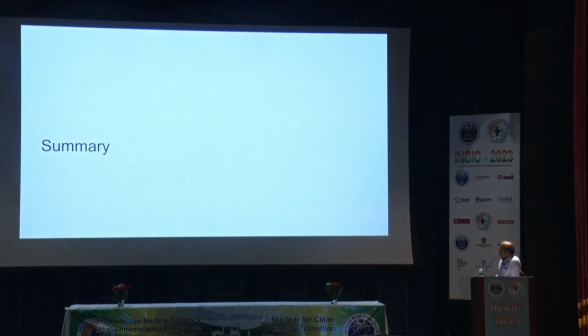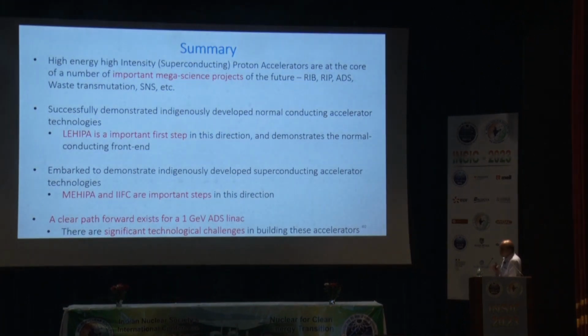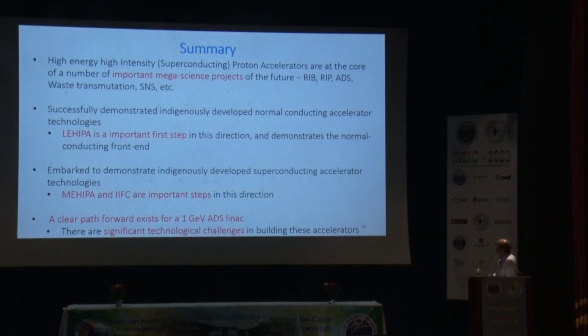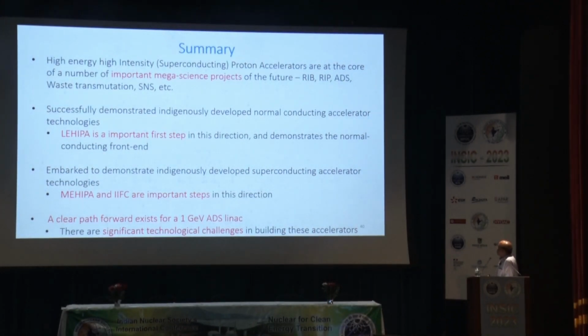So with this, I would like to summarize. High energy, high intensity proton accelerators will be required not only for ADS, but there will be other applications, even at intermediate energies, like spallation neutron source, or one can use it for waste transmutation and RIB studies. Successful demonstration of LEHIPA, which is a normal conducting front-end injector for the 1 GeV accelerator, is an important step in this direction.